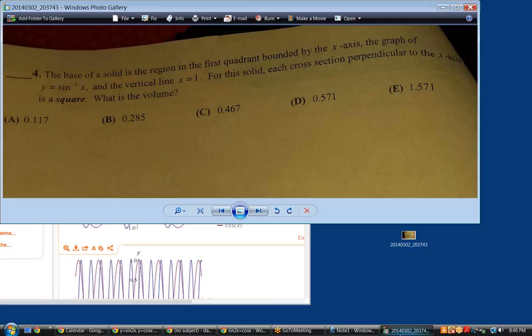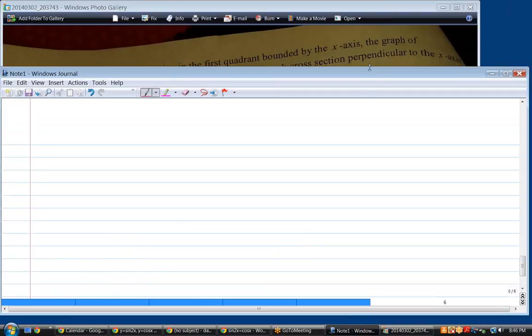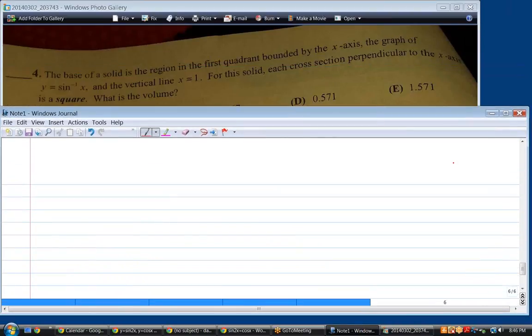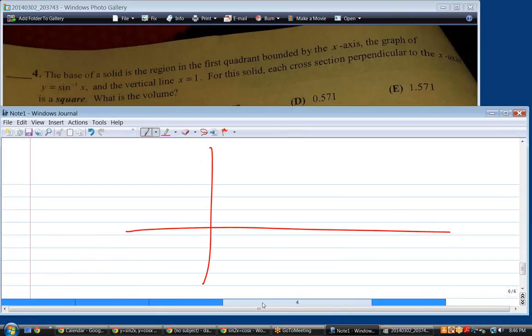Okay. Let's draw a picture of it. The inverse sine is just the sine curve reflected about the line y equal x.